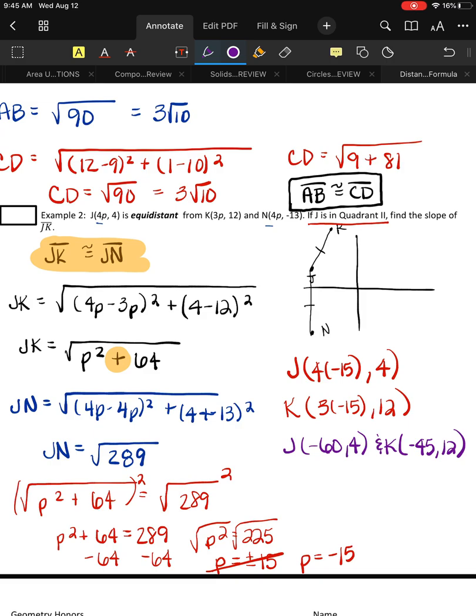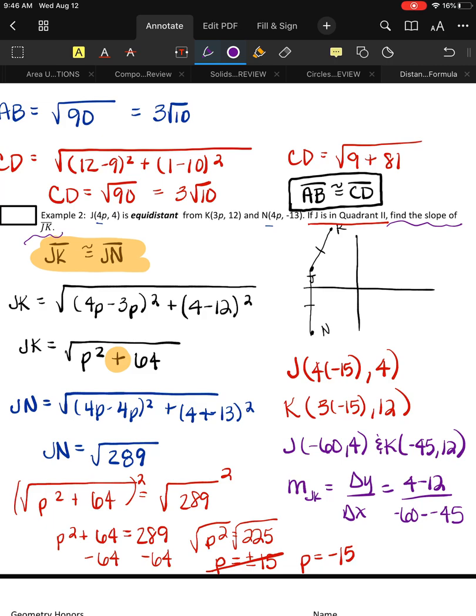Now remember, our original question was to find the slope of JK. So now that we know the coordinates of JK, we can find the slope of JK by finding the change in y over the change in x. We get that the change in y is 4 minus 12 over negative 60 minus negative 45.